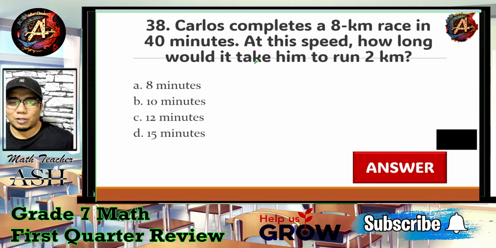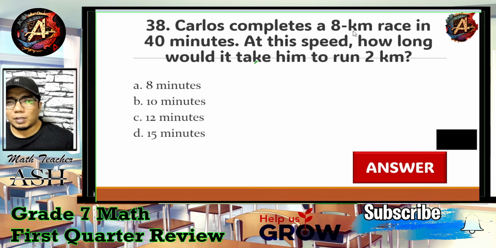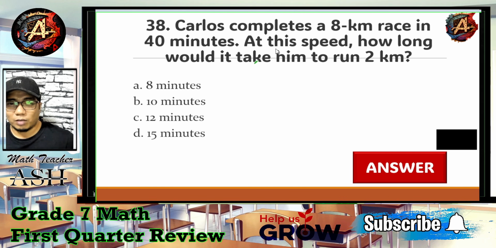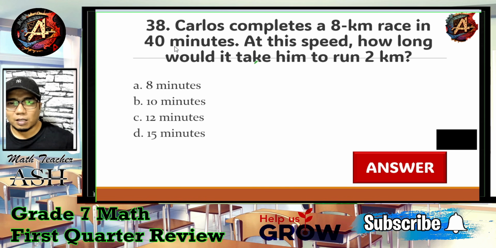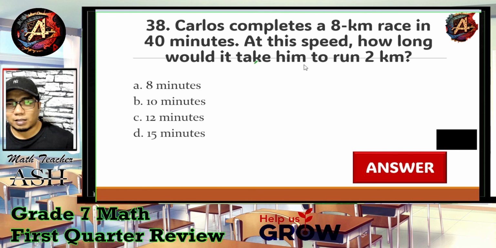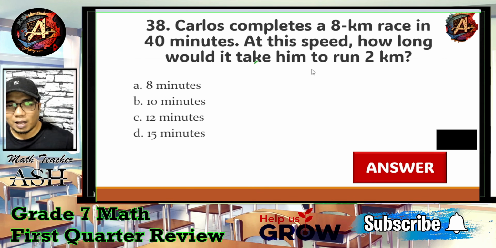Okay, my dear math learners. In solving this problem, it says here that the 8-kilometer race is completed in 40 minutes. So, if you ask yourself, in 1 kilometer, how many minutes would that be? Okay, so if you divide 40 by 8, that means in every kilometer, it takes 5 minutes.